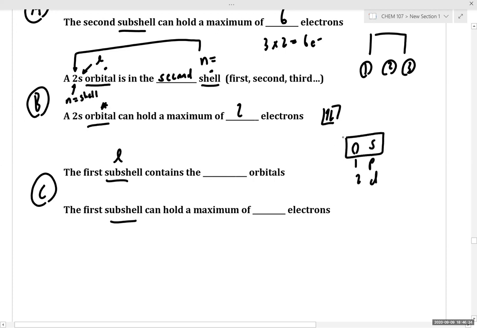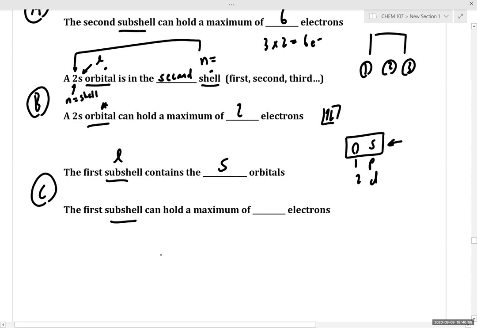The first subshell is what? The first subshell has what orbitals? The first of our list. What orbitals are found in the first subshell? S. Exactly right.